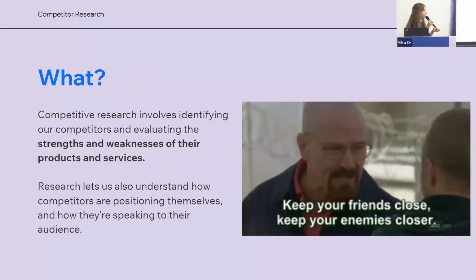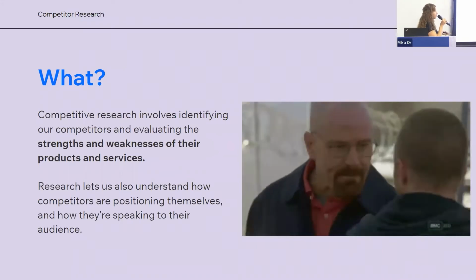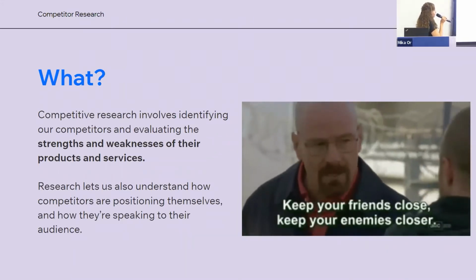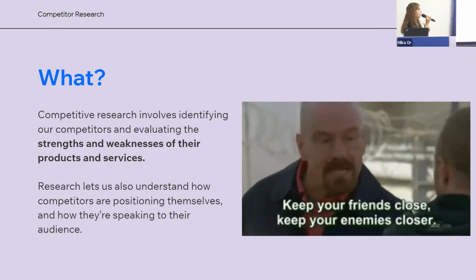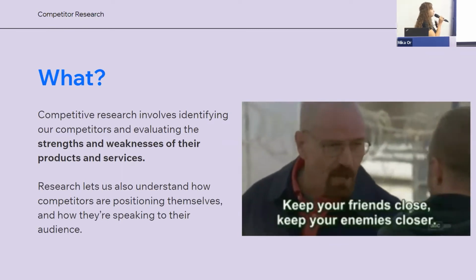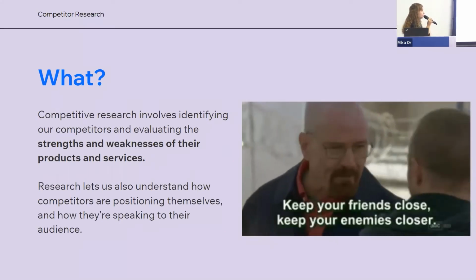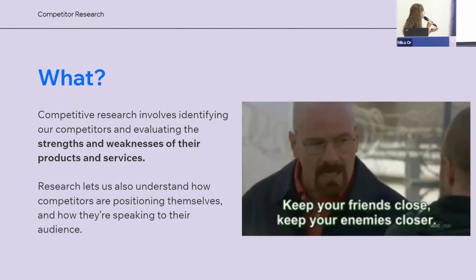So first of all, what is it? In a nutshell, competitive research involves identifying our competitors and evaluating the strengths and weaknesses of their products and services. But it's also more than that. It also lets us understand how competitors are positioning themselves and how they're speaking to their audience.